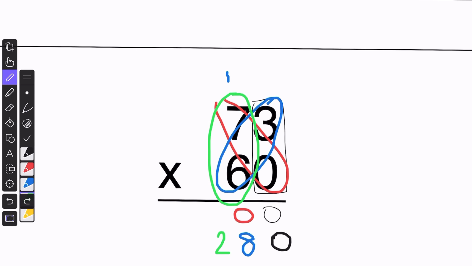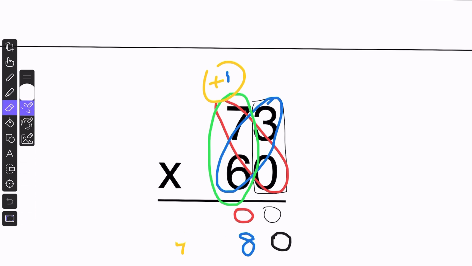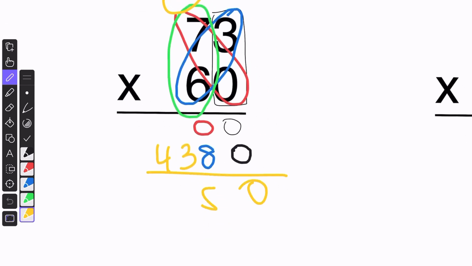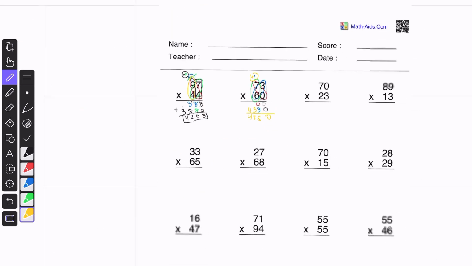You put over the 1. Now you have 42, and then you're going to add the 1, so that's 42 plus 1, which is 43. I made a mistake. Hold on. Let me make sure I got that right. Yep, okay.